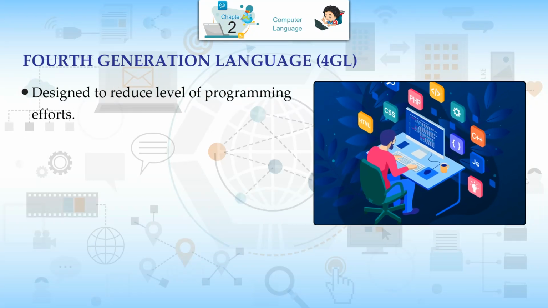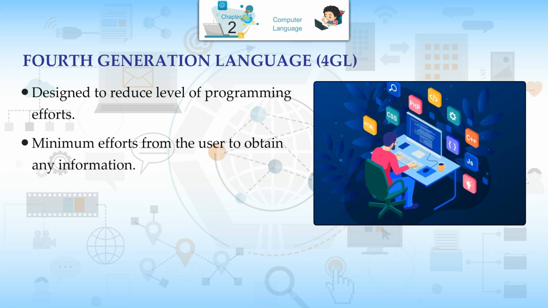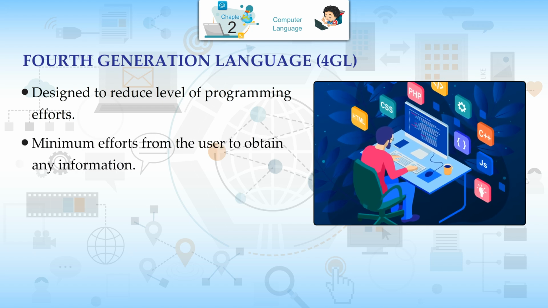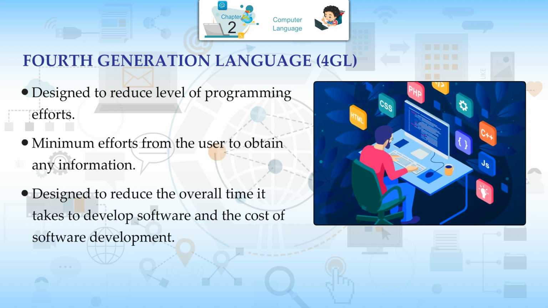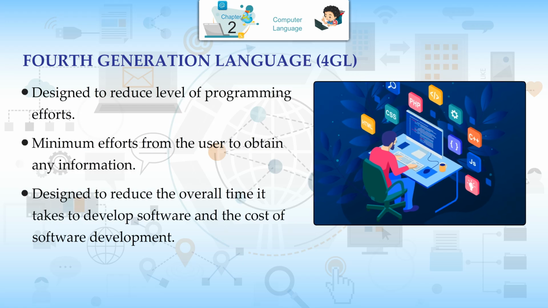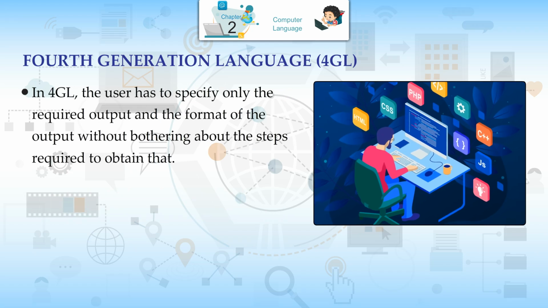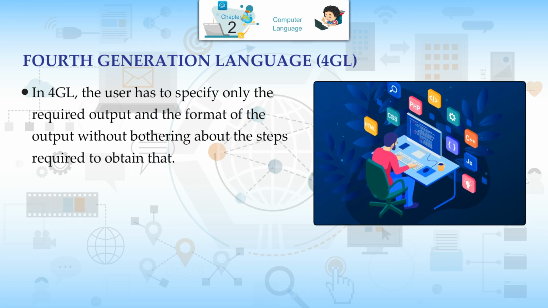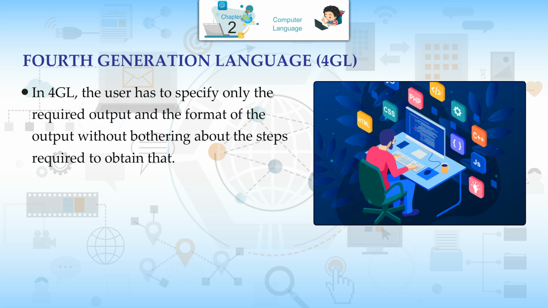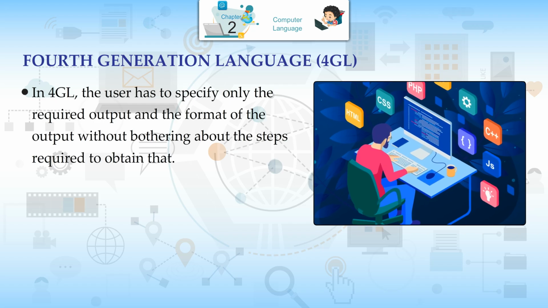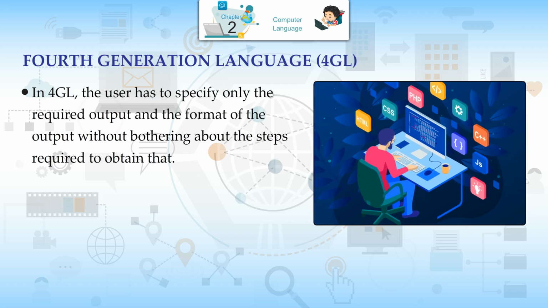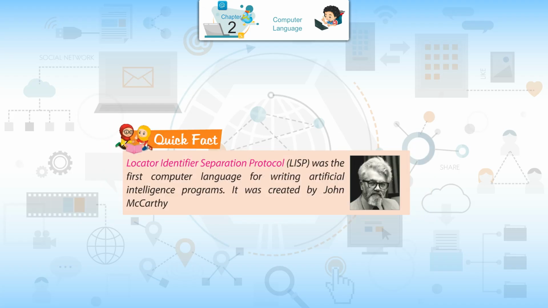Designed to reduce the level of programming effort. Minimum effort from the user to obtain any information. Designed to reduce the overall time it takes to develop software and the cost of software development. In 4GL, the user has to specify only the required output and the format of the output, without bothering about the steps required to obtain it.